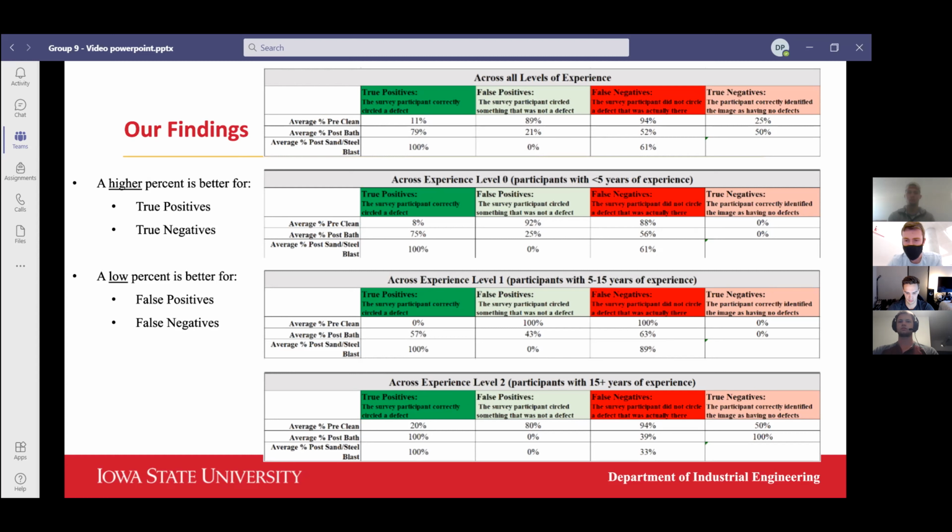So we can see that as cleaning stages increase, there is an increase in being able to identify cracks, as well as in the very bottom table, there is a dramatic increase in ability to detect cracks among the higher level of experience.